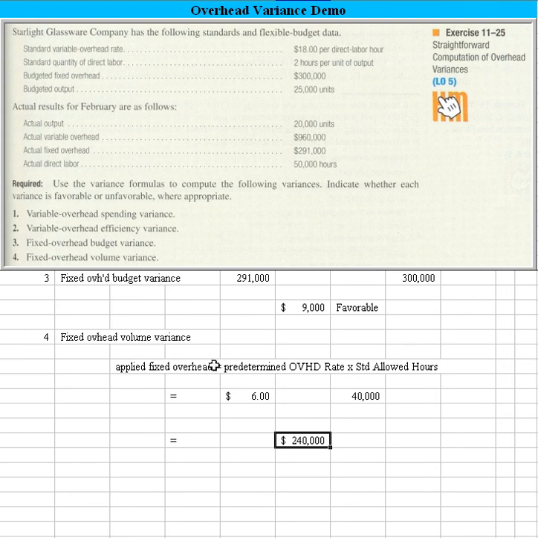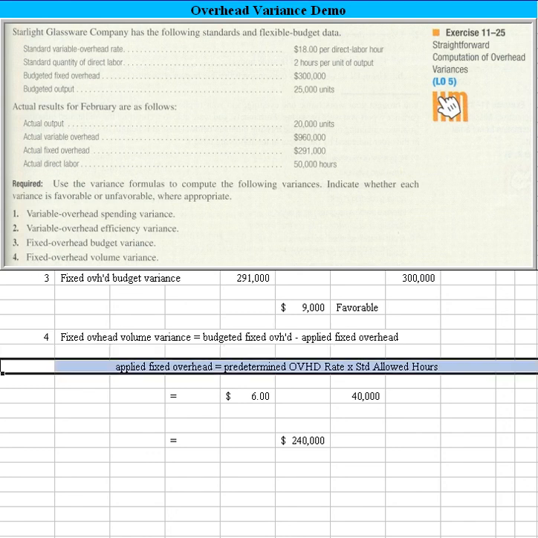Now we need to determine the fixed overhead volume variance, and that's going to be equal to the budgeted fixed overhead. You want to find the difference, so we'll subtract out the applied fixed overhead. Okay, let me create a new row or two here.